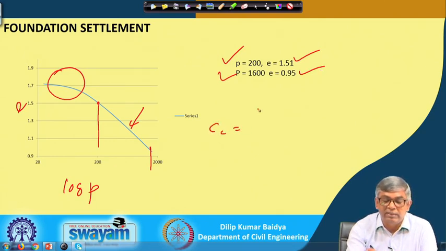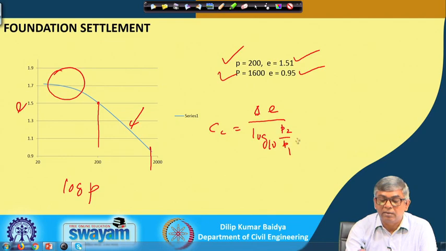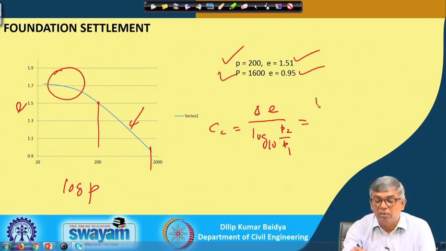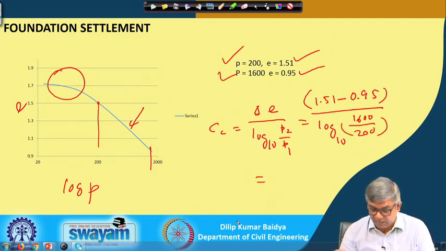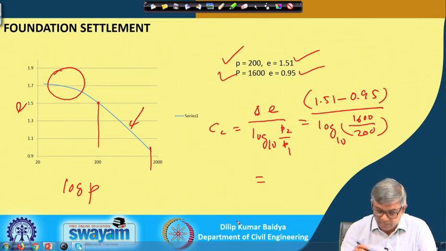C c will be equal to delta E divided by log 10 base P 2 over P 1. So, I will put 1.51 minus 0.95 divided by log 10 base, P 2 is 1600 and P 1 is 200. If you do this, you will get a value of C c equal to 0.62.